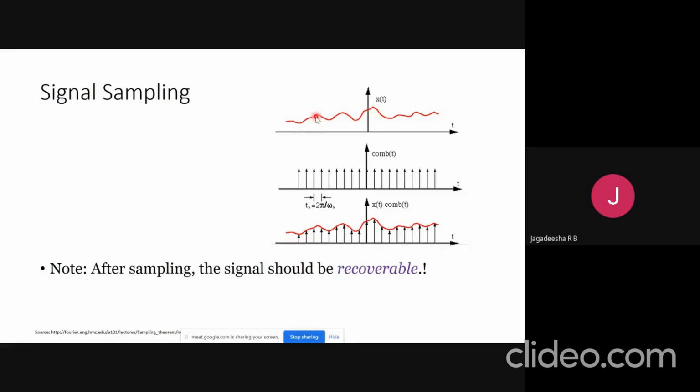Instead, if I had collected here, as well as here, and here, then I would have a better estimate of the overall signal value when I try to recover that. So I have this note here. How frequently you collect the samples from this signal will decide the recoverability, whether you can clearly represent the signal again in the same way as the original signal or not.